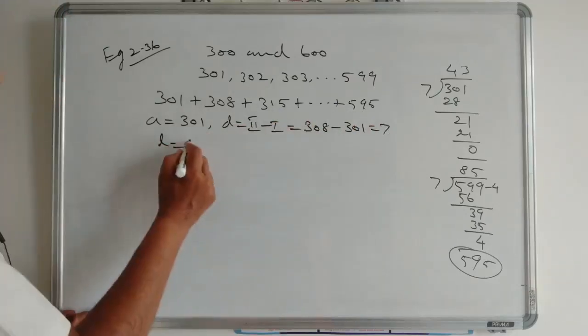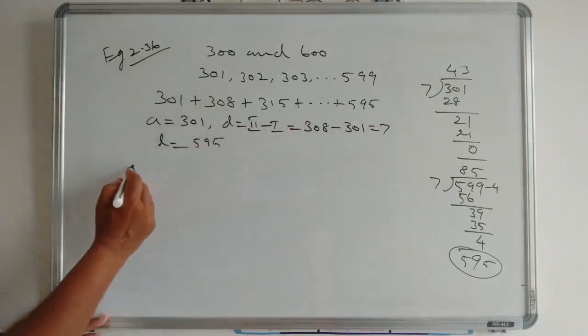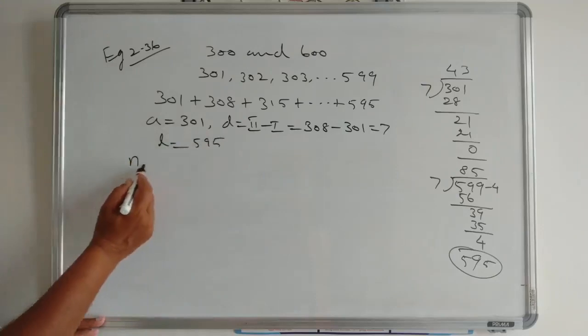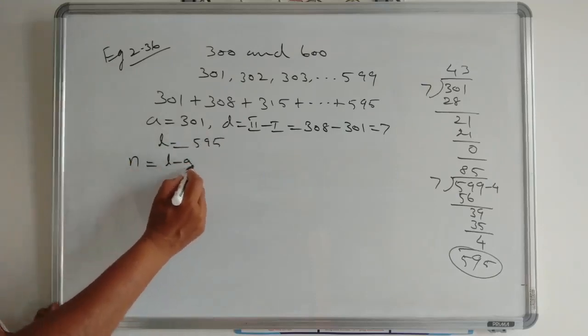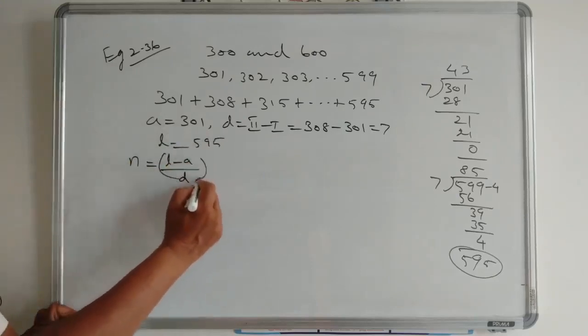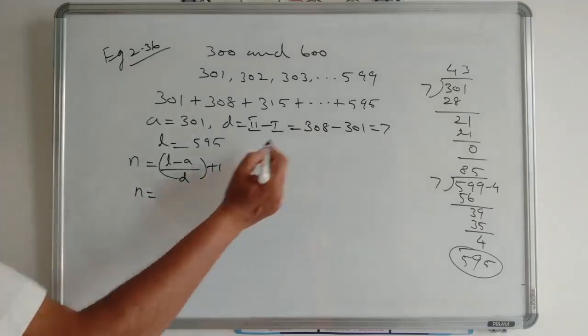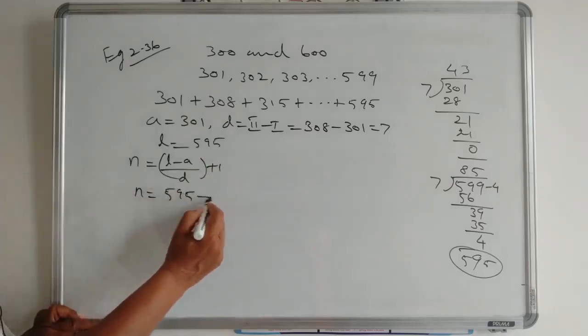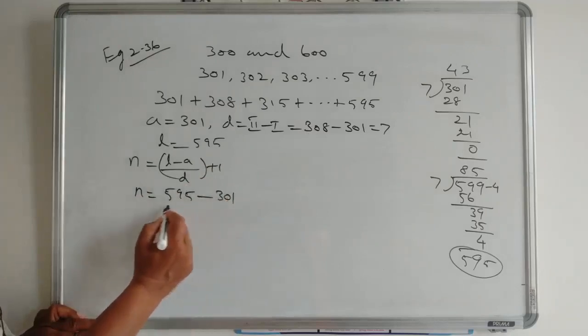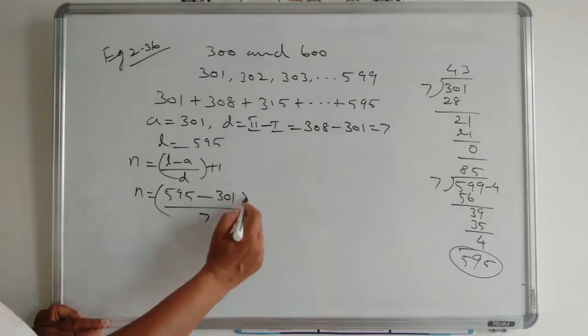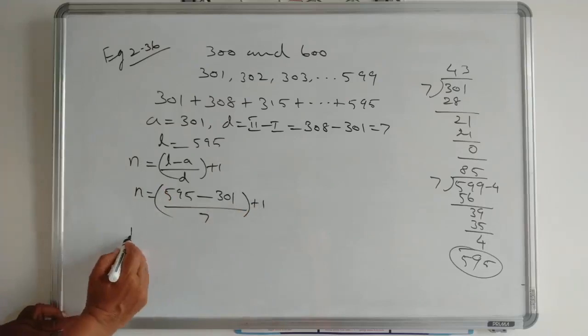The last term is 595. Since L is given, we use the second formula, but first we find the number of terms. N equals (L minus A) divided by D, plus 1. L is 595, A is 301, D is 7.